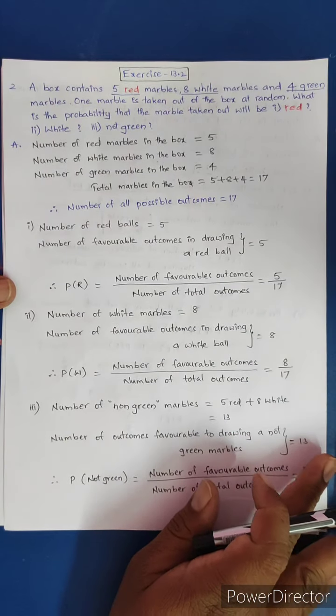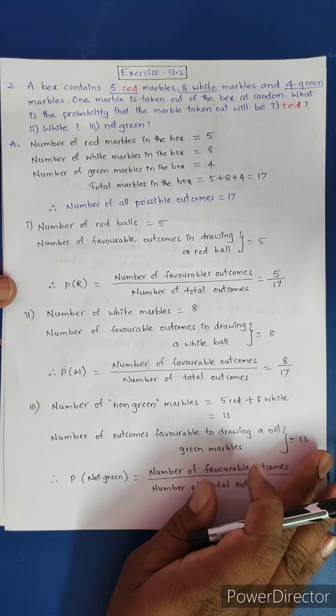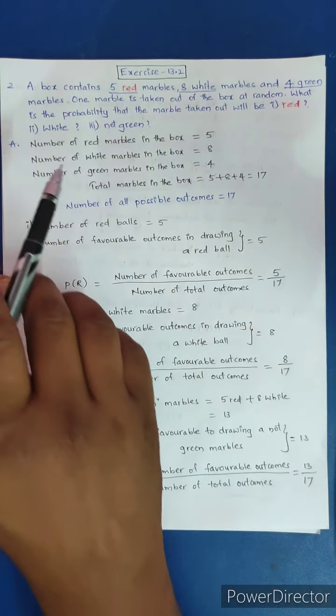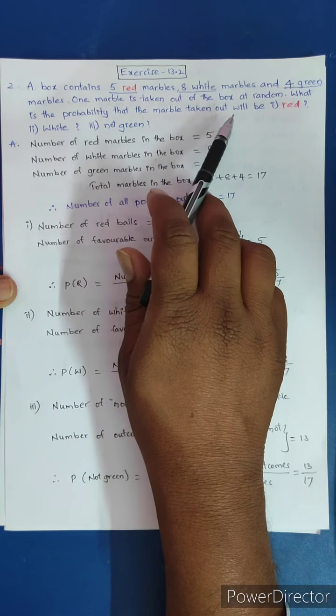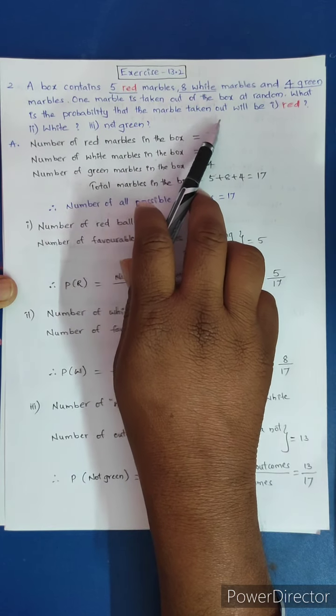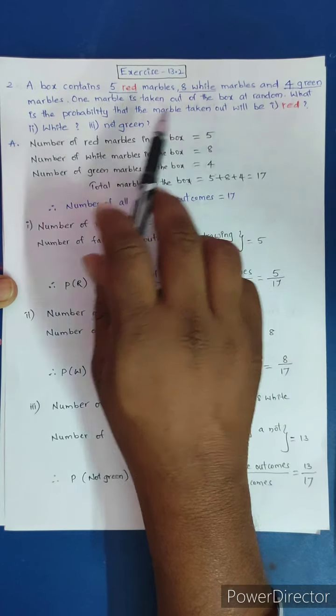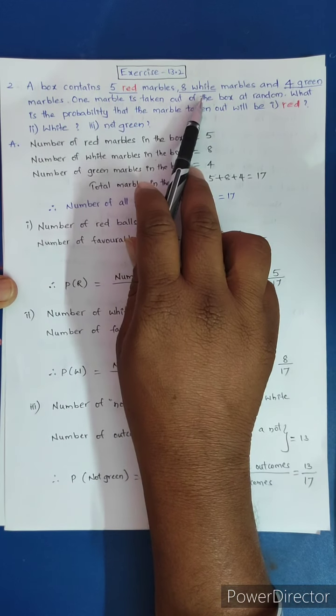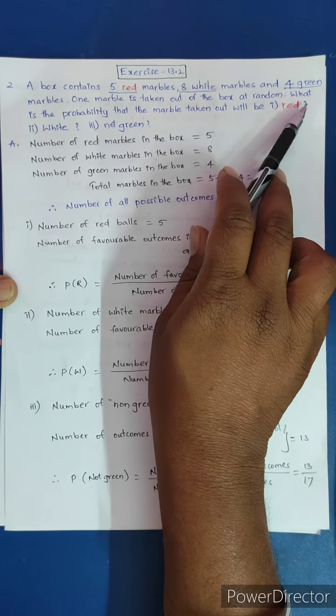A box contains 5 red marbles, 8 white marbles and 4 green marbles. One marble is taken out of the box at random. What is the probability that the marble taken out will be red, white, not green? 5 red balls, 8 white balls, 4 green balls.